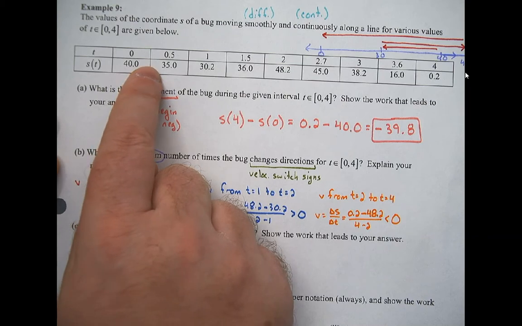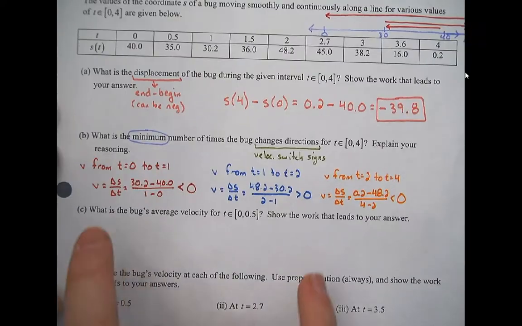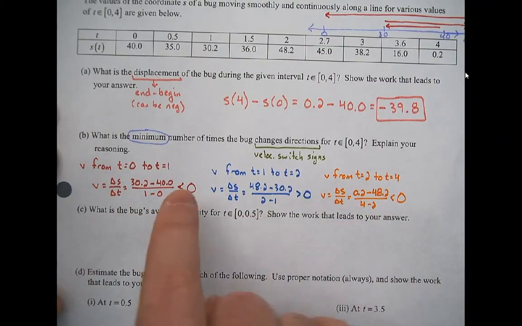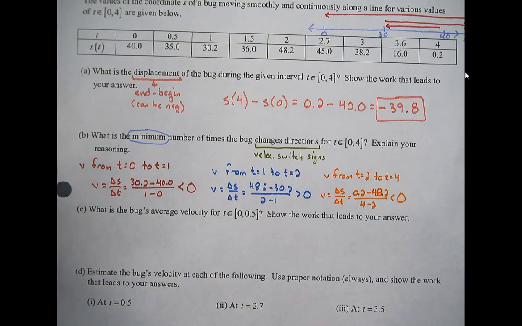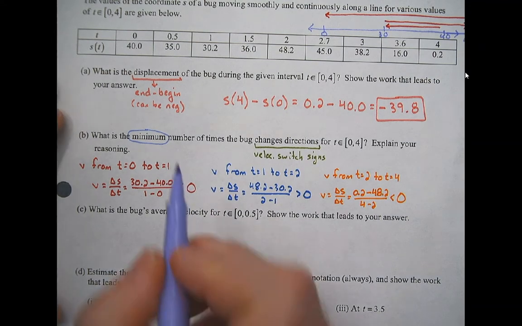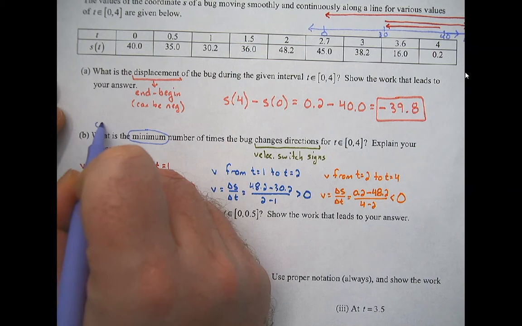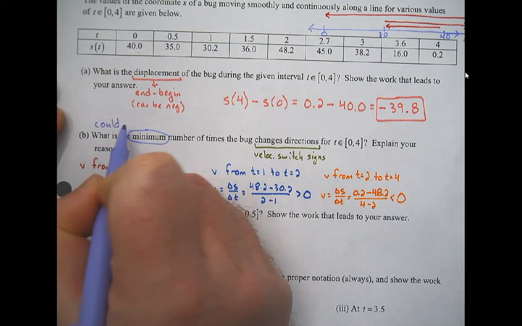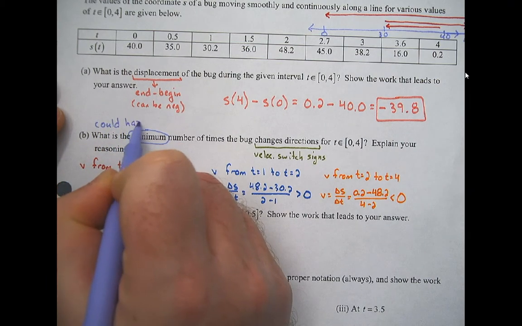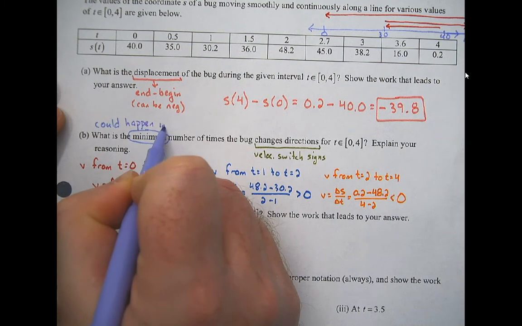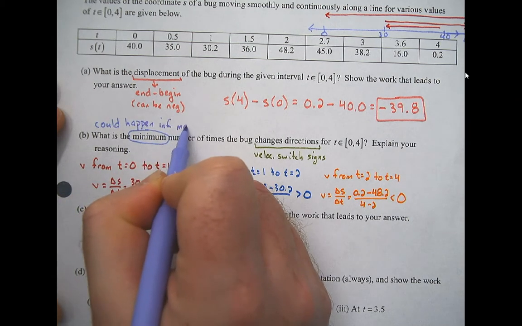We don't have enough information. But because we do know that the velocity switched signs twice, we know that at least it had to have happened twice. We say minimum because it could happen infinitely many times.